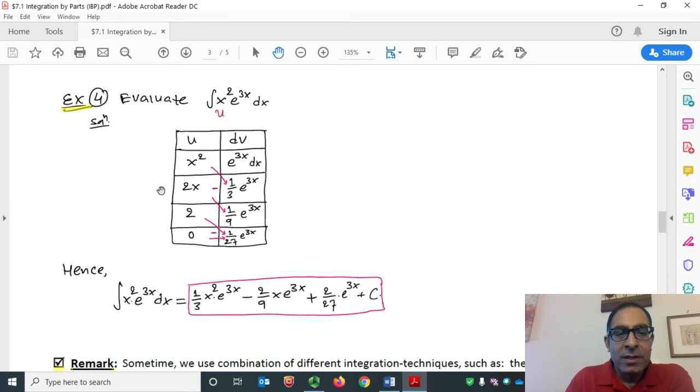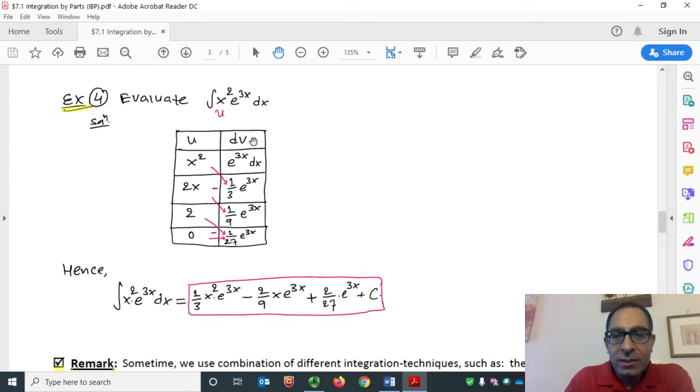On my second row, the derivative of x squared under the u column becomes 2x. Then the derivative of 2x becomes 2, and the derivative of 2 becomes 0.